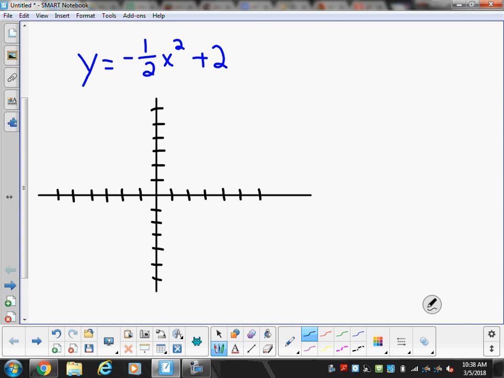And we'll just count by 1, so each line is going to be 1. So the first thing you're going to do is graph the vertex. Okay? And to find the vertex, what is the vertex again? Do y'all remember? Like, what's the definition?